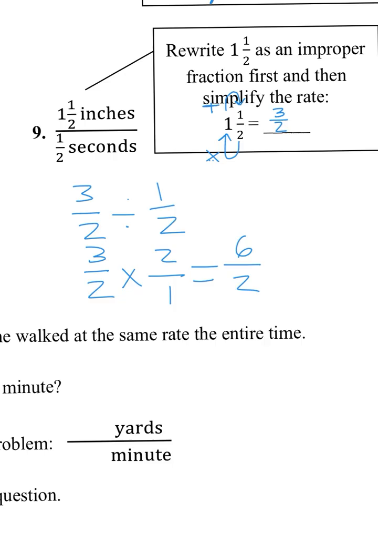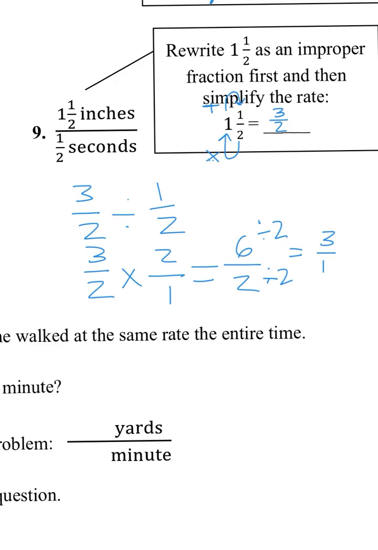Okay, so what's the greatest common factor of 6 and 2? That is, in fact, 2. So we're going to go ahead and divide both the numerator and the denominator by 2. And then 6 divided by 2 is 3. And 2 divided by 2 is 1.